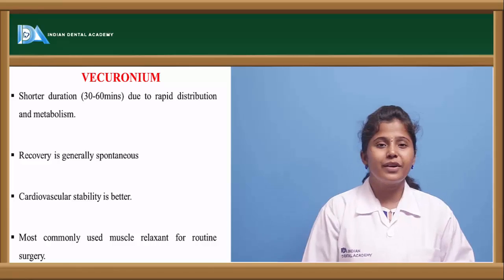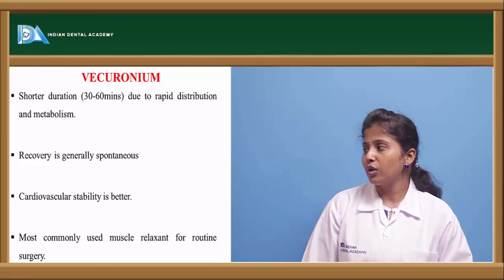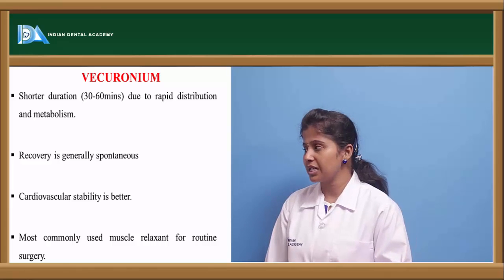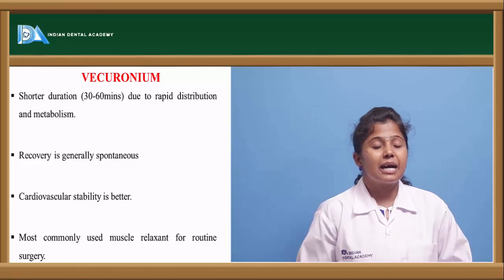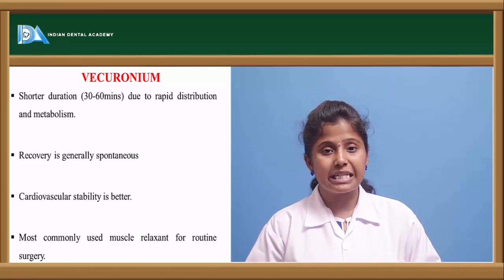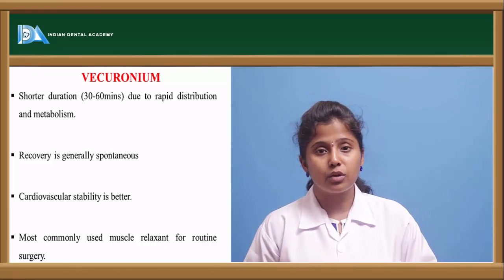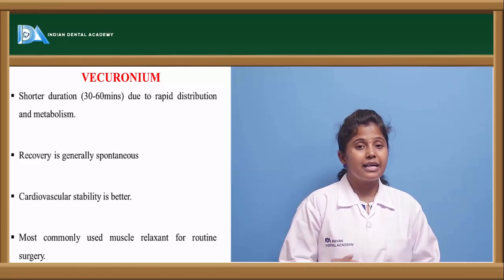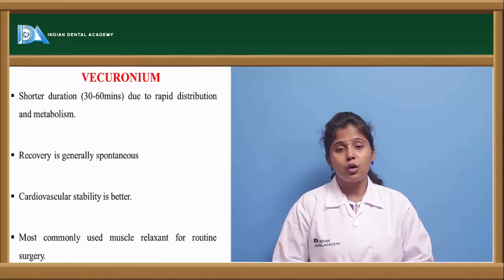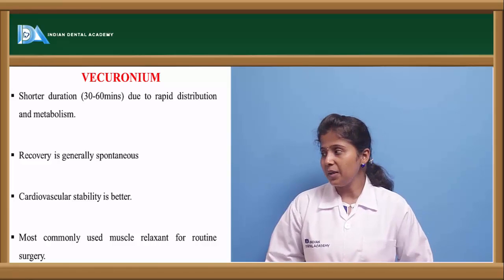The other drug is vecuronium. Vecuronium has a shorter duration of action, about 30 to 60 minutes, and it is rapidly metabolized and rapidly distributed. Once it exerts its actions, it gets distributed into the body very rapidly, and at the same time metabolism occurs very rapidly by the cholinesterase enzymes which are present in the plasma.